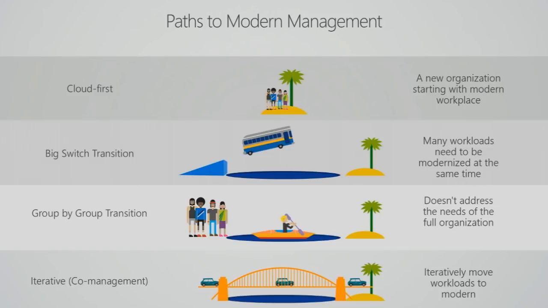So I want to call out that this is not an all or nothing approach. Co-management basically gives you the step-by-step bridge to make it to modern. So you can go to upper management and say, hey, I've taken the first step towards modern management, then I've taken the second step, and eventually in the next couple of years, you will get to modern management. So that's this co-management approach. Jeremy, what do you think of this path?